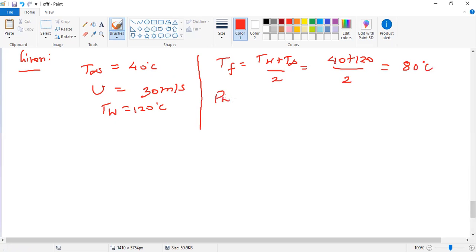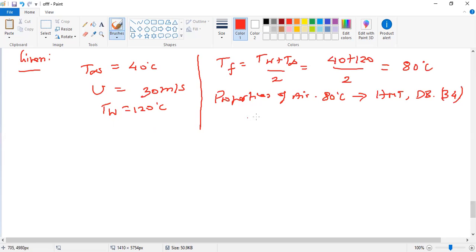The properties of air at 80 degrees Celsius are in the HMT data book, page number 34, 8th edition.